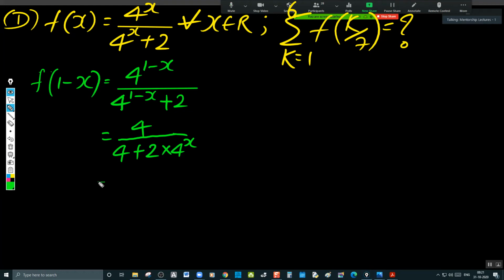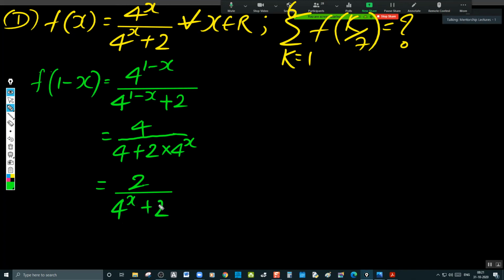Now, take 2 common in the denominator and cancel it off, and thereby you will get 2 divided by 4 power x plus 2.